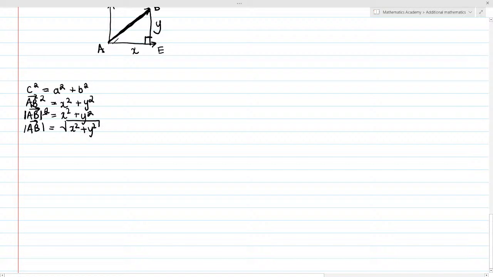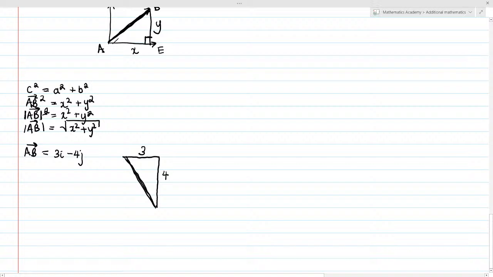Notice what we did here though. We found the magnitude of any vector AB. So if I tell you, for example, that the vector AB, or CD, or just any letters, is 3i minus 4j, how will we find the magnitude of that? Well, we can either think back to Pythagoras' theorem and say, this is 3 units to the right and then 4 units down, and so it looks like this, and this over here is the magnitude of the vector, and so let me calculate it that way.